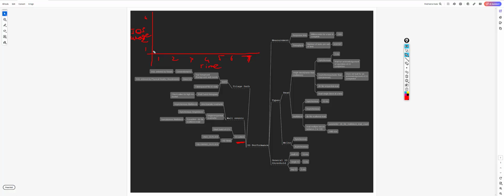Okay, so in this case, the graph is like this. The points are somewhere near 1, and suddenly at one particular time there is a spike, and again it goes down. Again the IO response or IO usage is down.